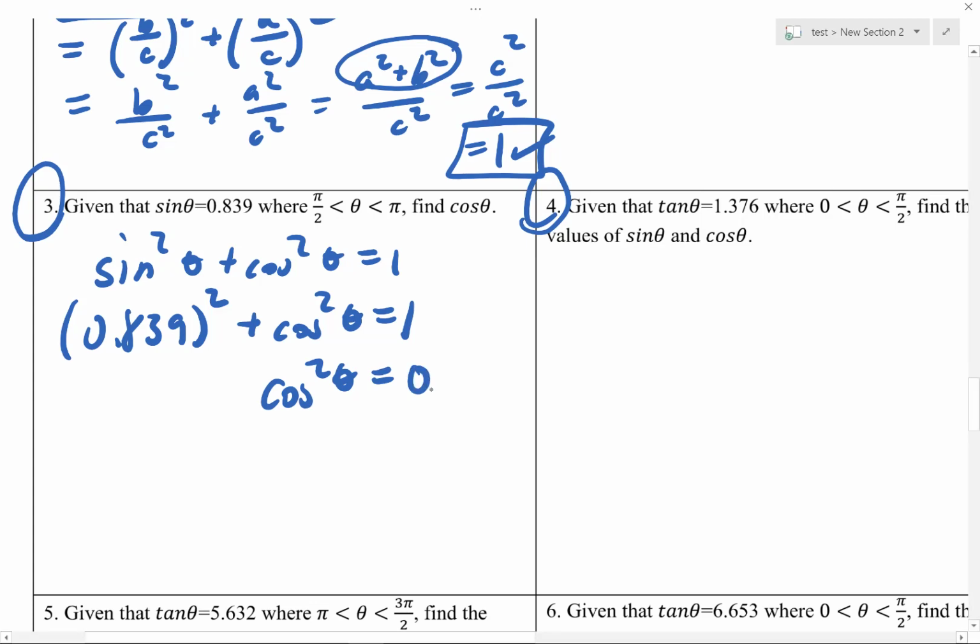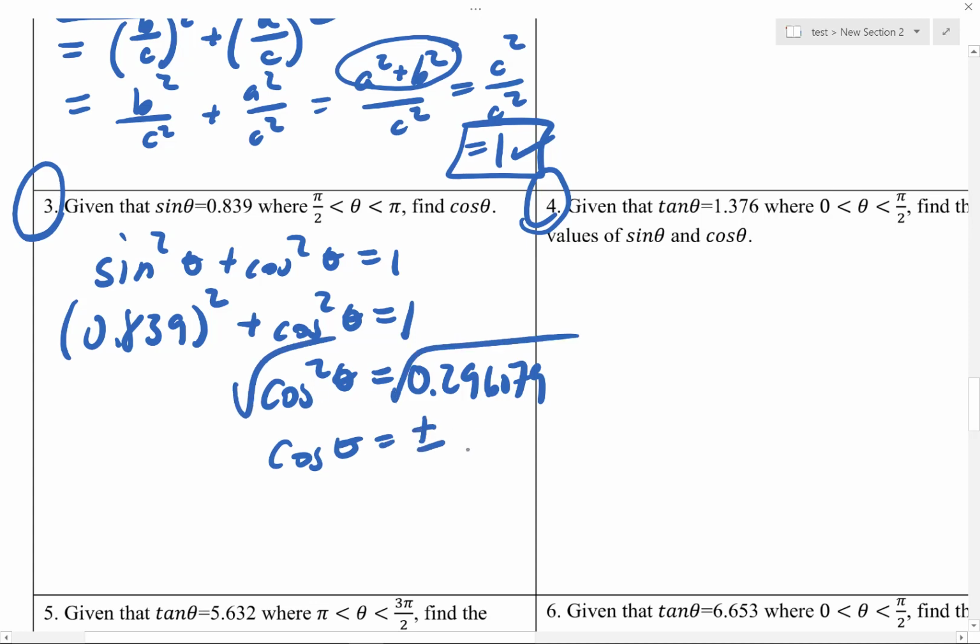And my calculator is telling me that's 0.296079. And I'm going to take the square root of that. And so the cosine of theta is going to be either plus or minus 0.54413.